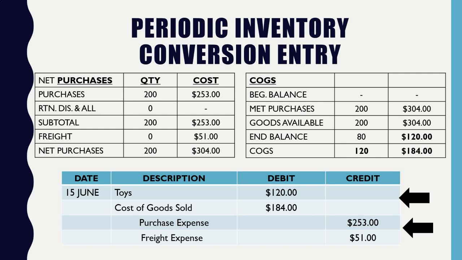Then your purchase expense and your freight expense, which we know to be 253 and 51. If you calculate it, your debits and your credits should match on both ends. That's how we do the conversion entry. We're taking our buckets of purchase expense and freight expense, and dumping it into either inventory or saying that we sold some along the way.